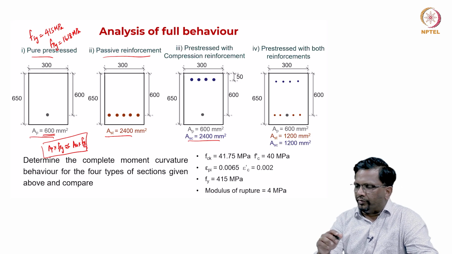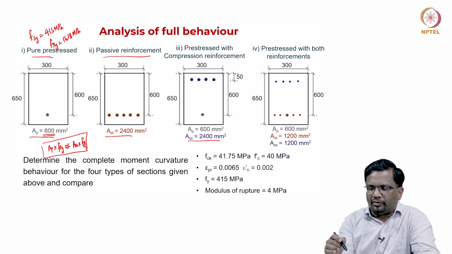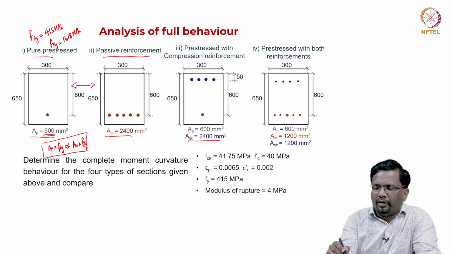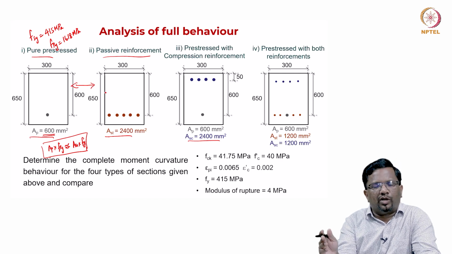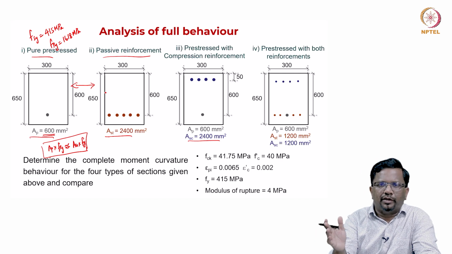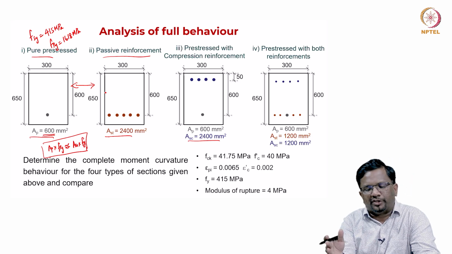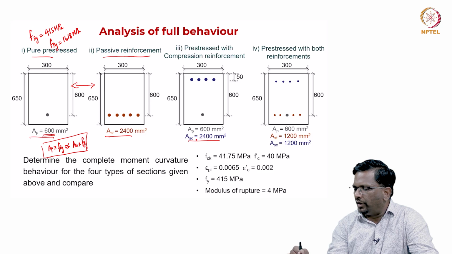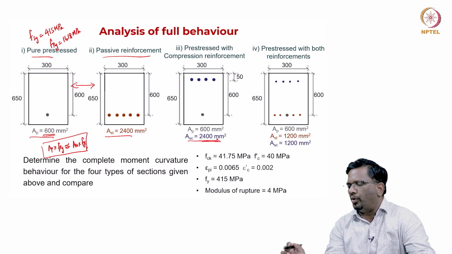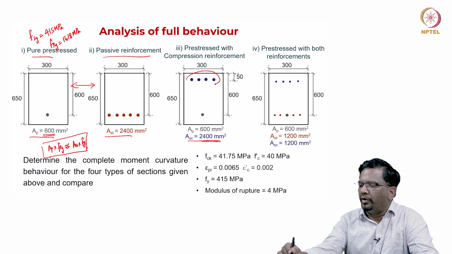Now, let us look at the problem for different things. This is going to compare, if I have equivalent steel, what is the behavior in moment curvature between a non-prestressed reinforcement section and a pure prestressed section. This example will tell you what will happen if I put a compression steel.